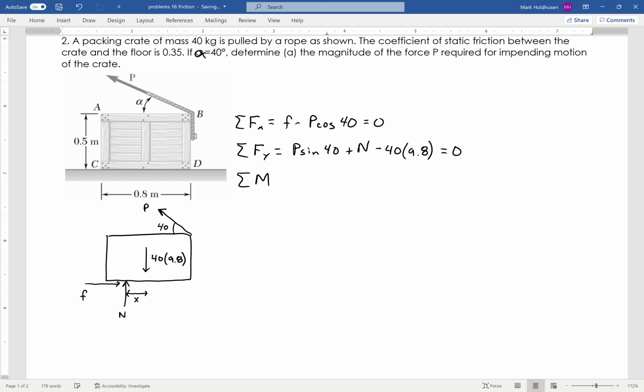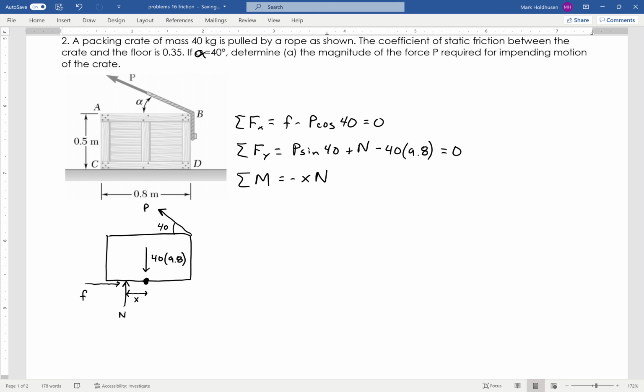Then I'm going to sum the moment. I always typically sum the moment about the point right below my gravity, so I get rid of that. I will also get rid of my friction in this situation, and the only thing I'll have is negative x times N. Then I actually have two components due to P, a horizontal and a vertical.